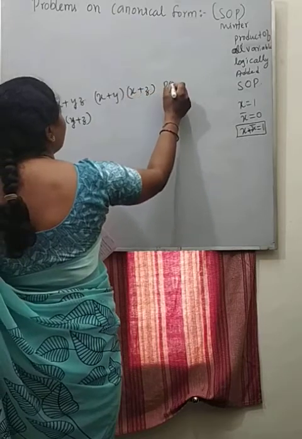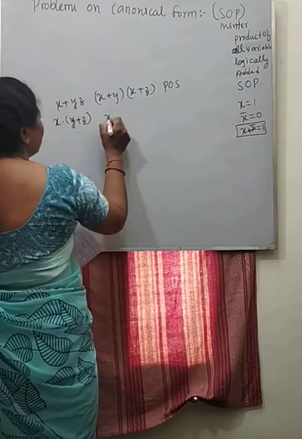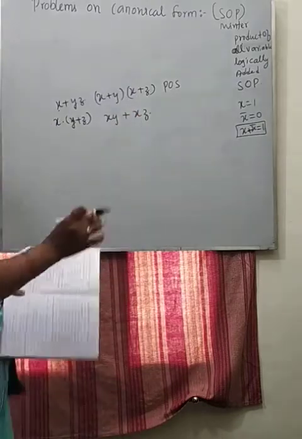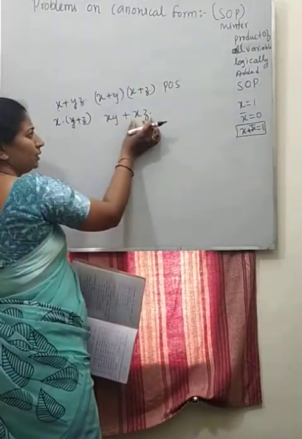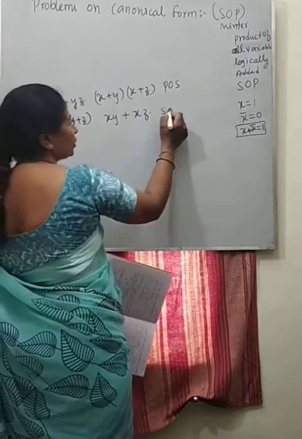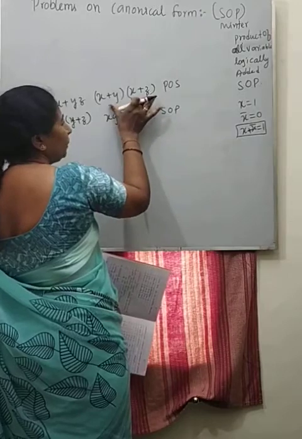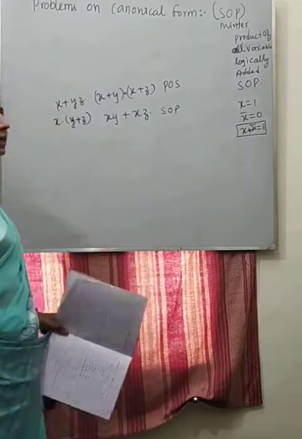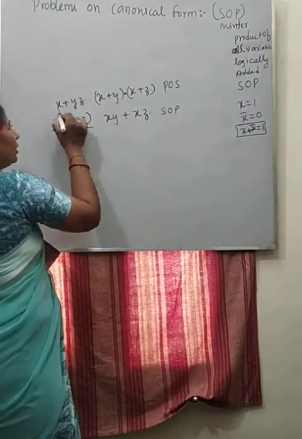This is your POS. Then this is xy plus xz, that means it is composed of all the terms added. Hence it is SOP. It is composed with a multiplication. Hence it is POS. Here it was not distributed properly.